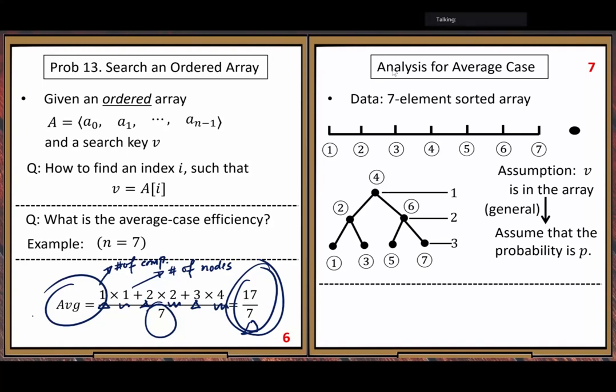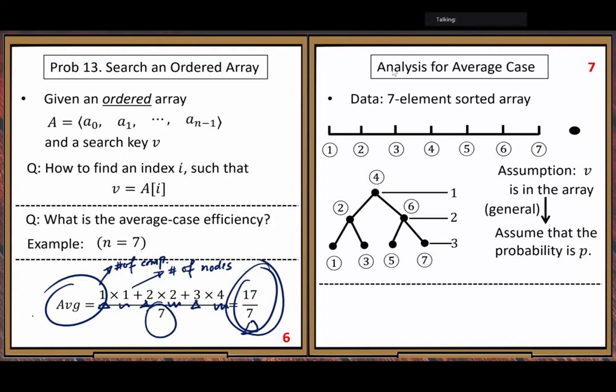When you see average, you do not need to round it up or down. When you see best case, worst case, then we expect to have integer answer. Best case, worst case, it should be integer answer. But for average case, we do not expect to have an integer answer. Not necessary to have an integer answer.